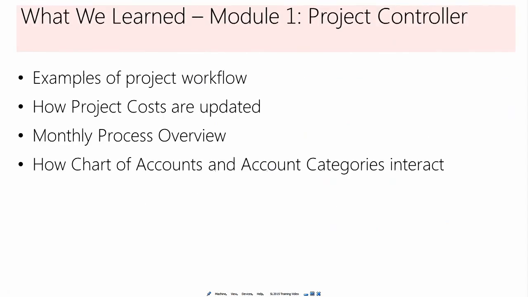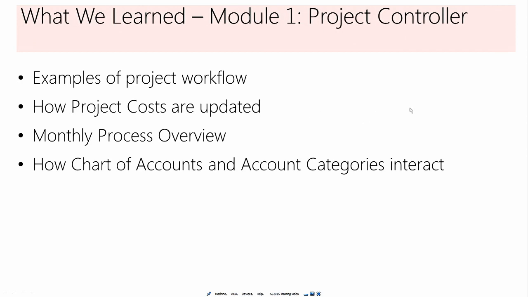So let's review what we've learned in the first module of Project Controller. We've reviewed the sample workflow of projects and how data is so tightly integrated between project, time cards, allocator, and billing. We also have learned how we get costs to the projects, or how costs are updated on the projects, whether it be from financials, time card, or an expense report.